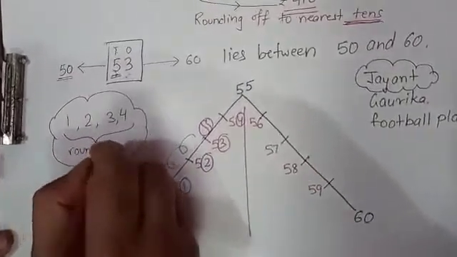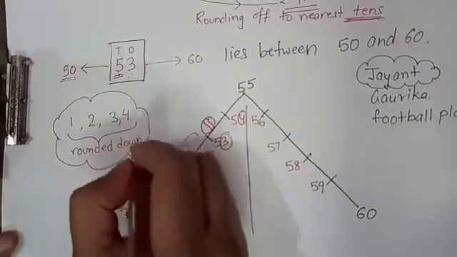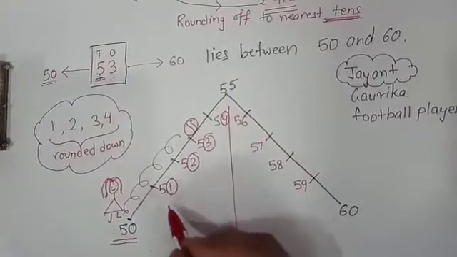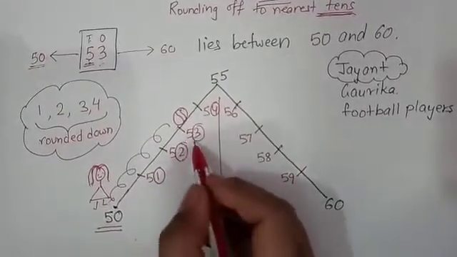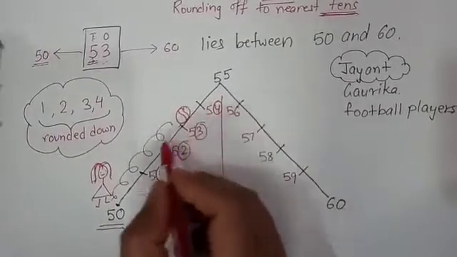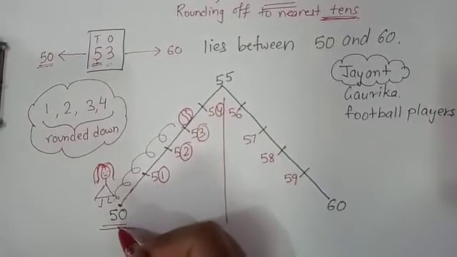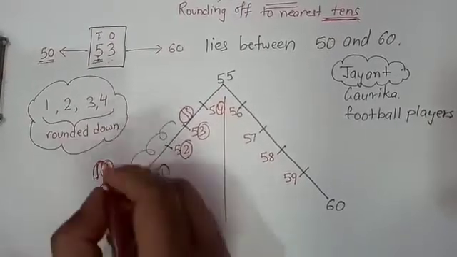When you make the notes in your notebook, you will write down that these are rounded down. That means if I have a value, say 51, 52, 53 or 54, automatically my ball is going to tumble down to 50.